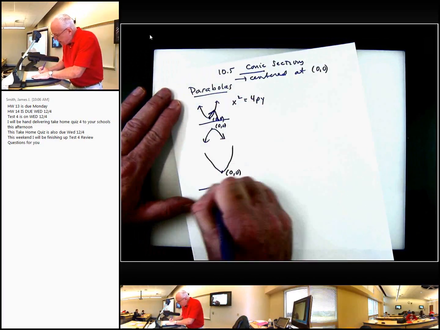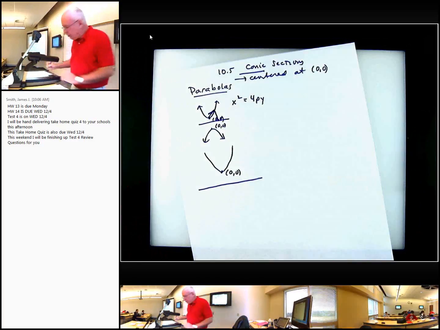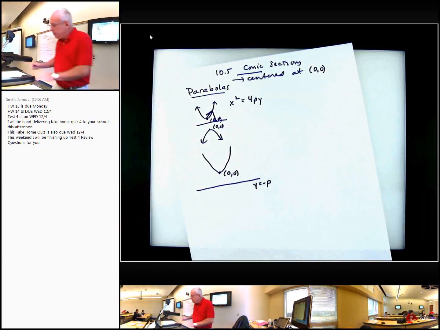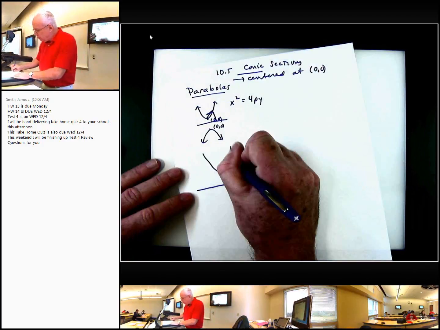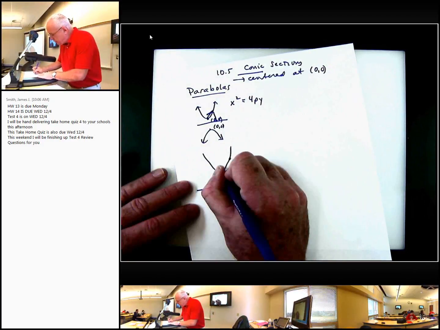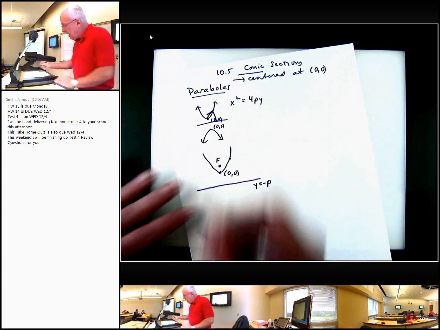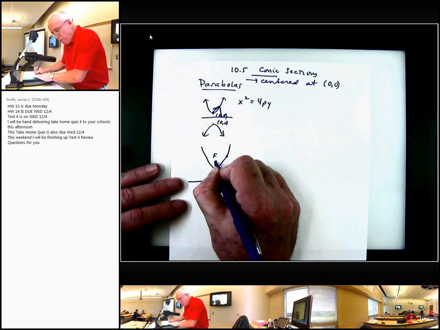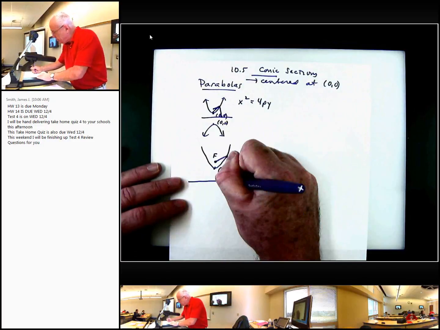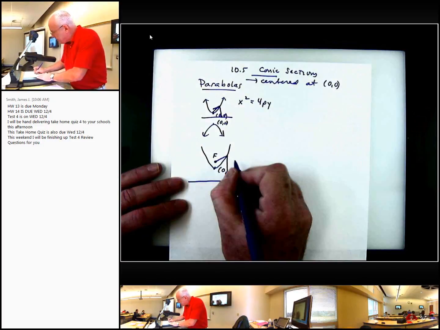We have this line here that's called the directrix, and in this case it would be y equals negative p. We take any point here on the parabola, and we have a focus here, F. When we add up the distance here and the distance down here to the line, that is a constant number.